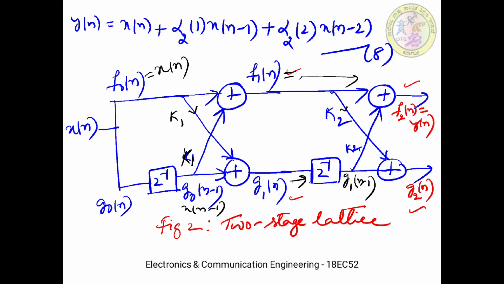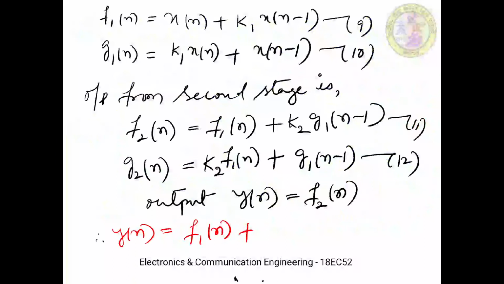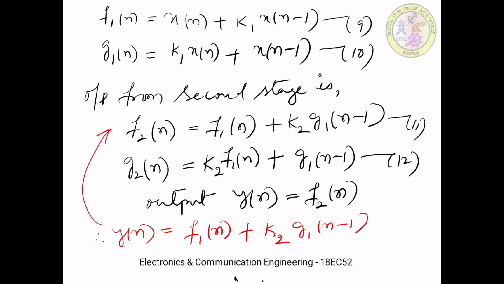This equation is the same as this only, because f2 of n is y of n for us. So directly from equation 11, instead of f2 you simply write y of n.